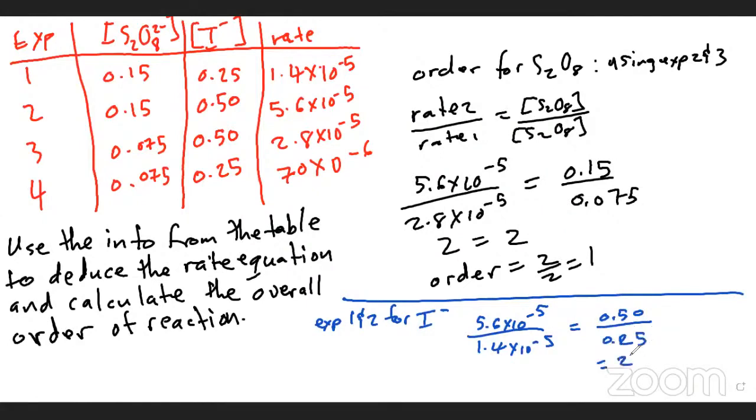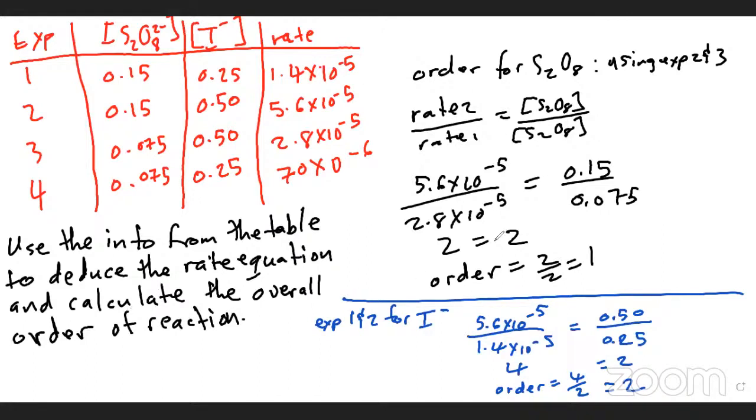This would give 4, so the order is 4 over 2, which is equal to 2. So it is second order with respect to I minus and first order with respect to S2O8.